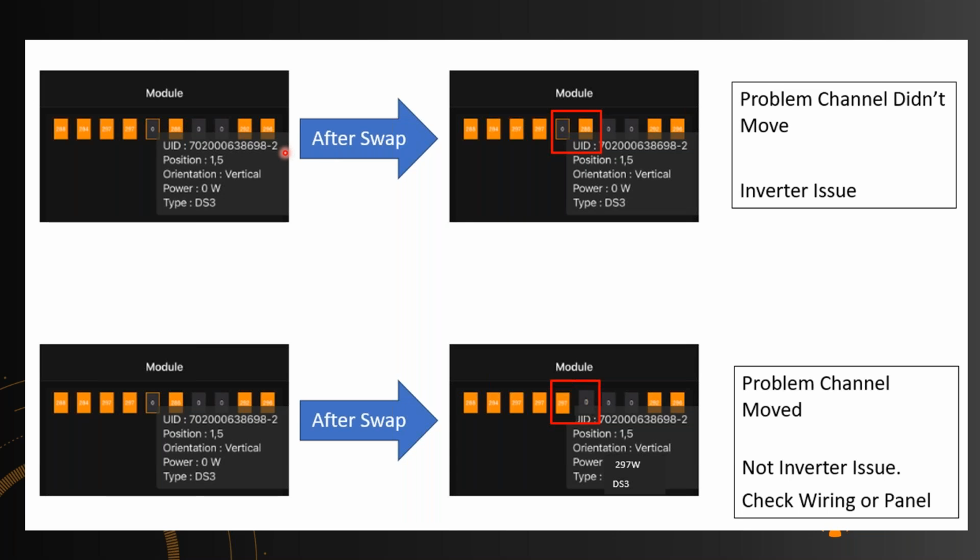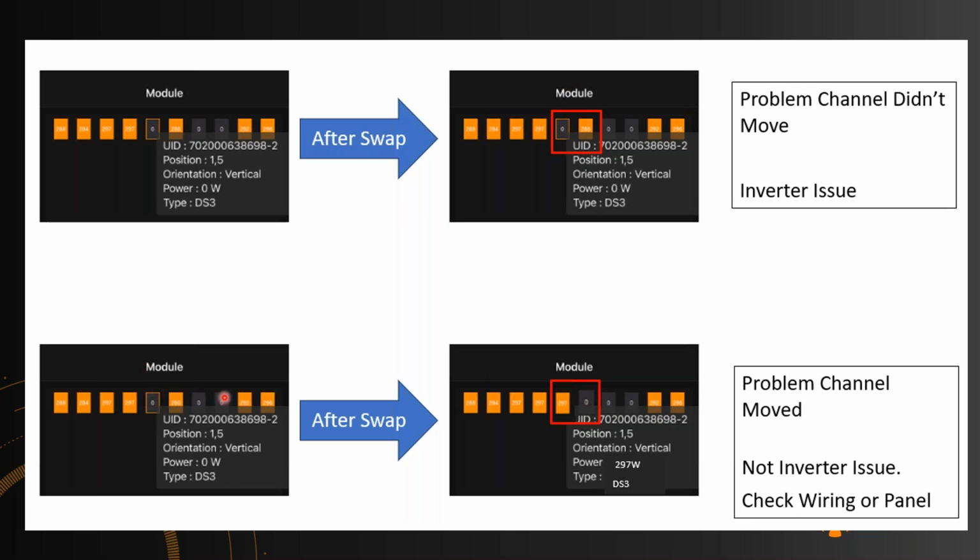So you take a functioning panel and swap it with the channel of a non-functioning panel. And if the problem moves, like in this format here, then that means it's an inverter issue, and you can give us a call to make sure that is the problem, so that you can get a replacement unit.